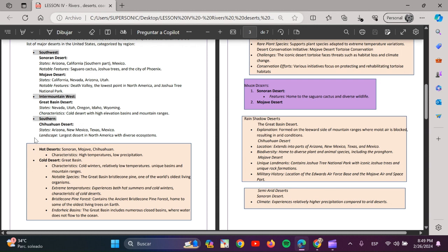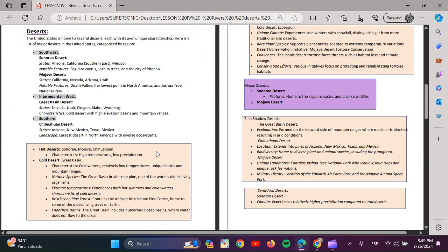Well, this classification could be in a hot desert and cold desert. Hot desert we can find Sonora, Mojave, Chihuahua. Of course, principal characteristic high temperature, low precipitation. And we can find the opposite here, cold desert, the Great Basin. Of course, they have cold winters, low temperatures.